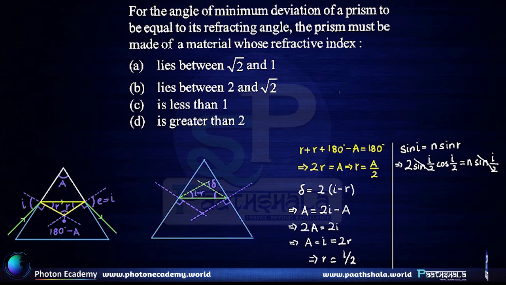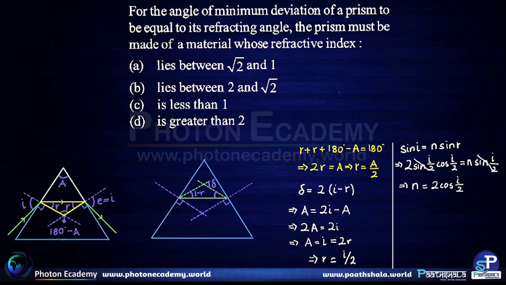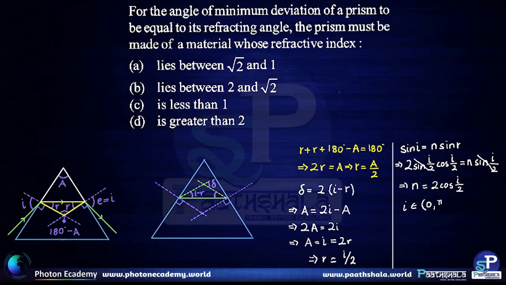Sine I by 2 cancels out, so we have n is equal to 2 cos I by 2. Now the angle of incidence can only vary between 0 and 90 degrees, or 0 and pi by 2 radians.